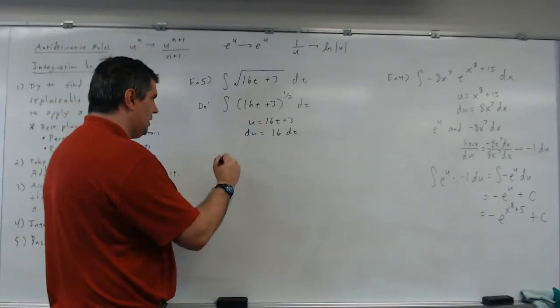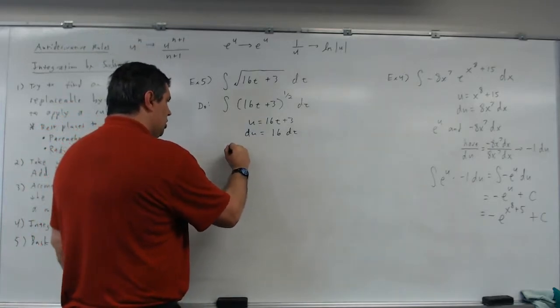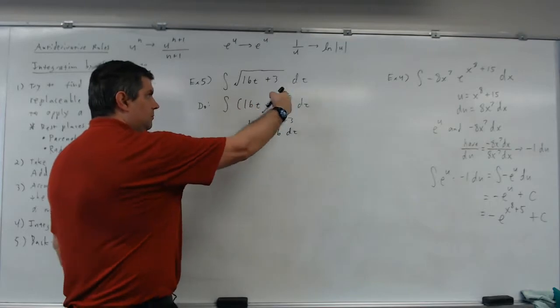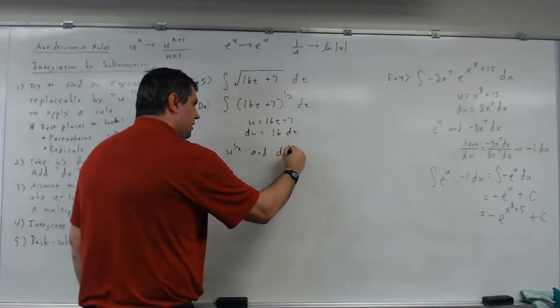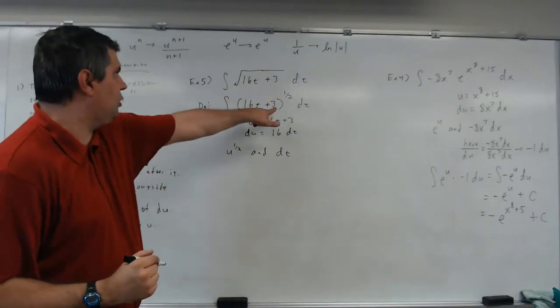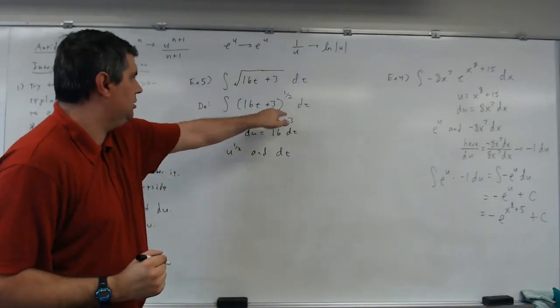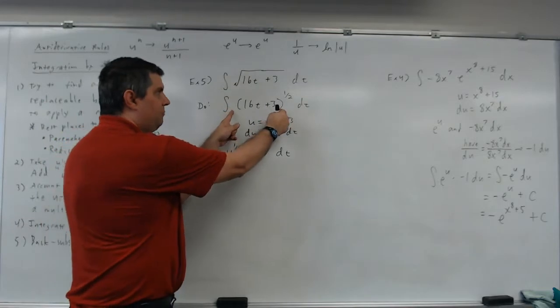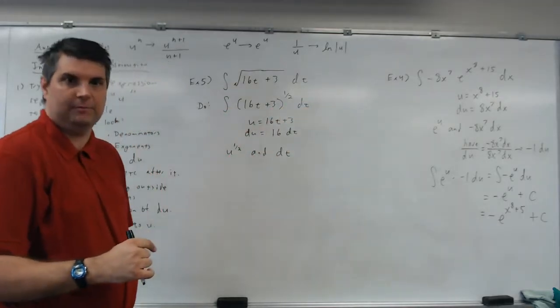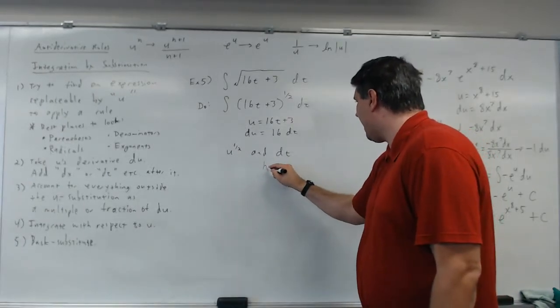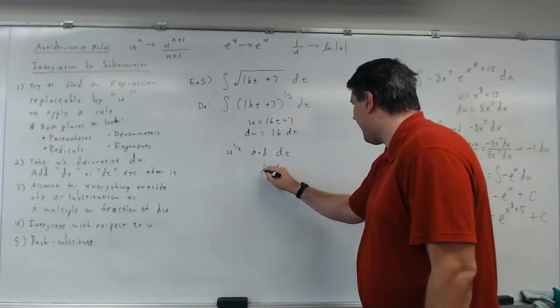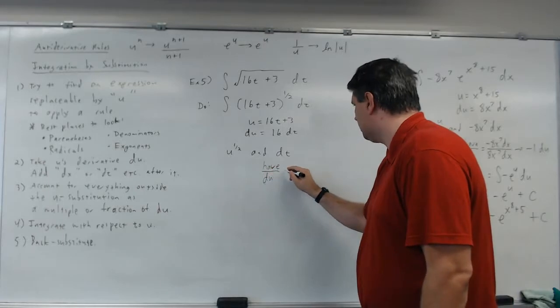Now, I have u to the 1/2 power and dt, and that's all I have. So I'll do my have over du trick.